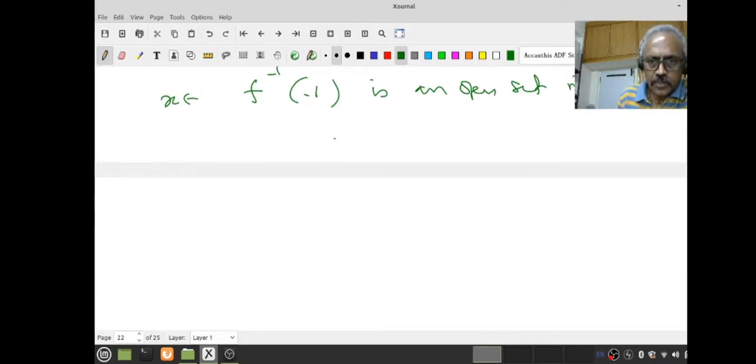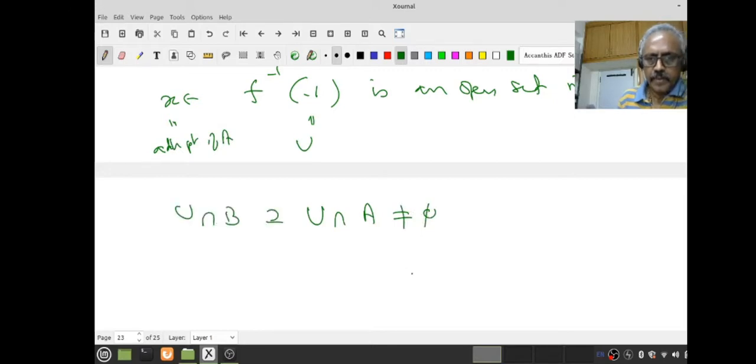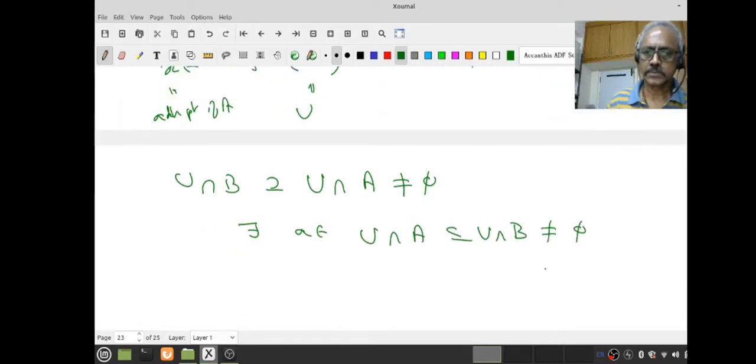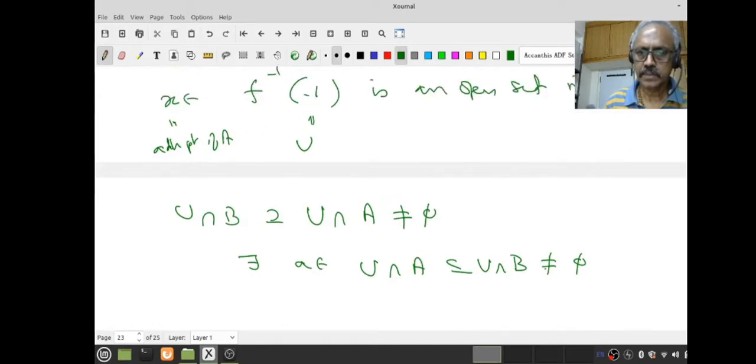Now since this is an open set, call this U, and x is an adherent point of A, therefore U intersection A is not empty. So there exists a in U intersection A, which is contained in U intersection B. Yeah, you follow that?